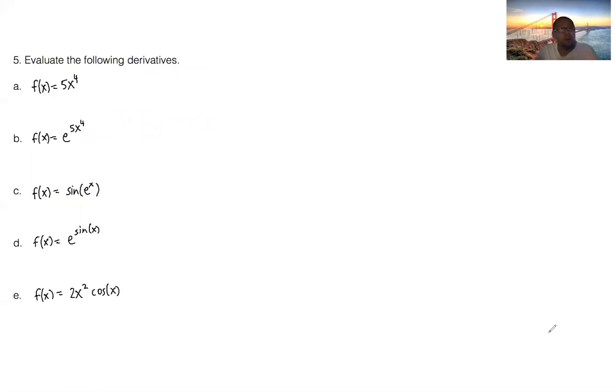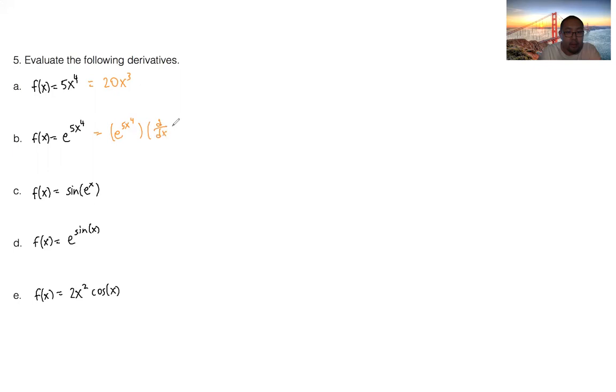Awesome. So we're looking at evaluating derivatives. So based on the power rule, this is going to end up being 4 times 5, which is your new coefficient 20. Leave that base, subtract 1 from the exponent. 4 minus 1 is 3. Similarly here, you're going to use the chain rule, right? So the derivative of e to the something is equal to e to the something, times the derivative of that something.